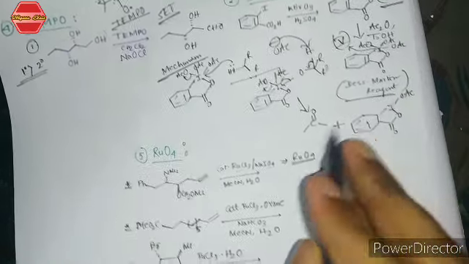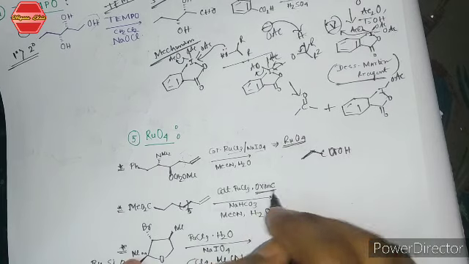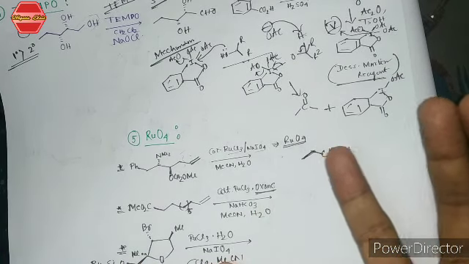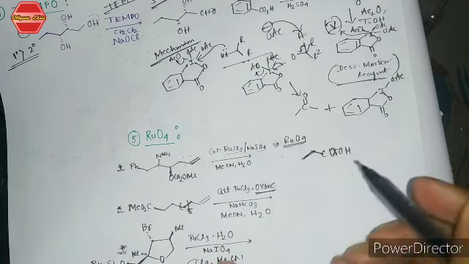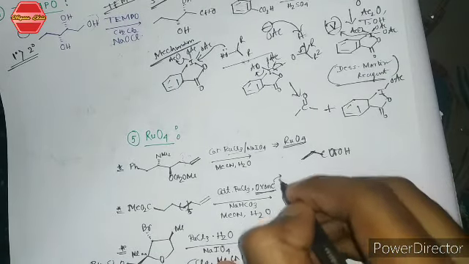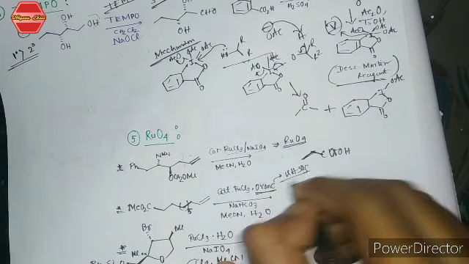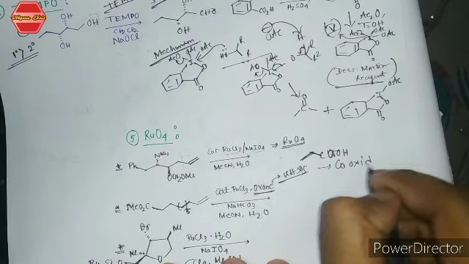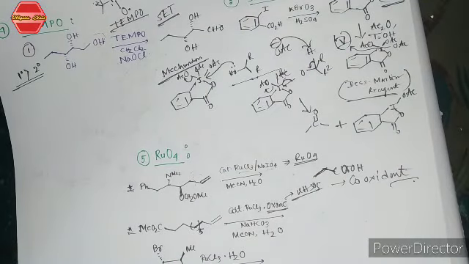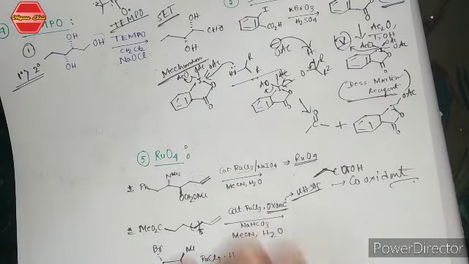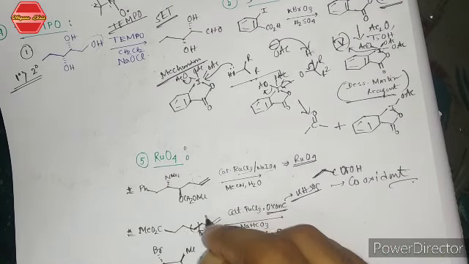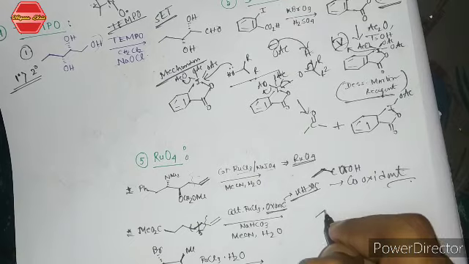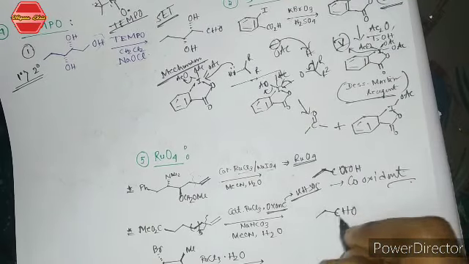If we use this RuCl3 in presence of oxone, that is a neutral oxidant, oxone meaning KHSO5, this is also used as co-oxidant. So this type of reagent with RuCl3 generally forms a product where the overall part remains the same, and this part will oxidize to CHO.